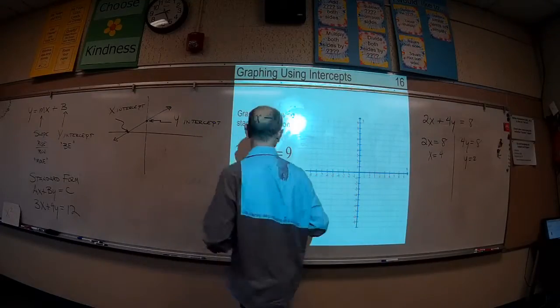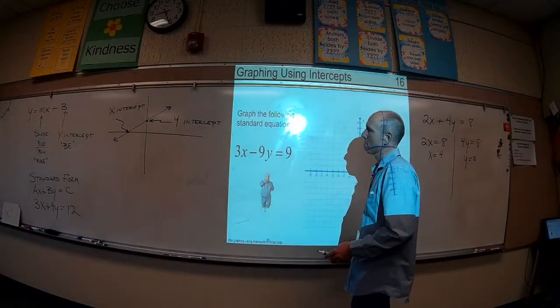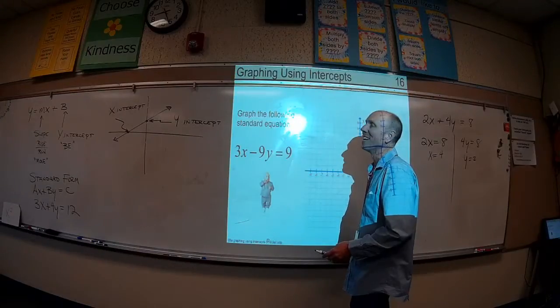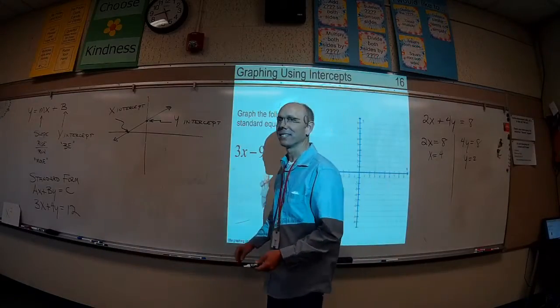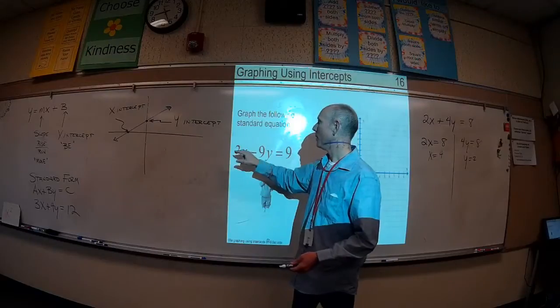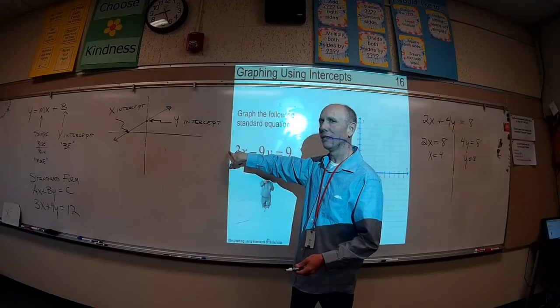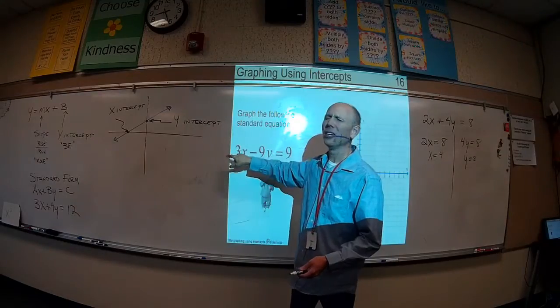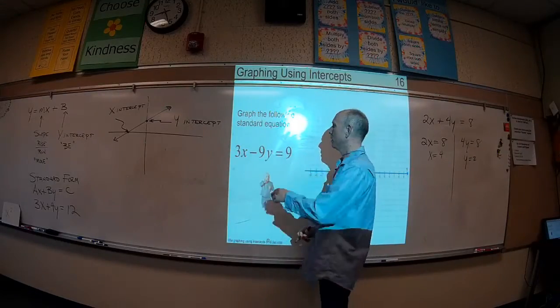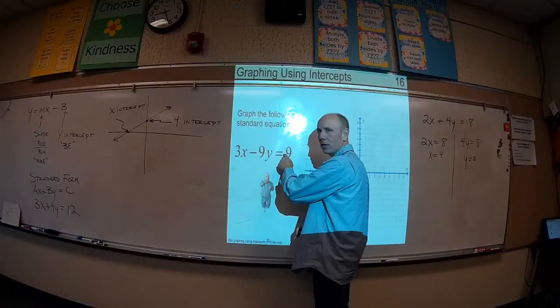So does the y have to be negative for it to be a positive slope? Actually, yes. So if both of these were negative, no, don't buy into that rule, because if there's a negative over here, it's going to change things also.